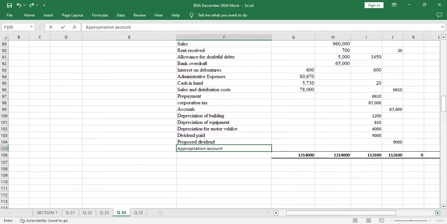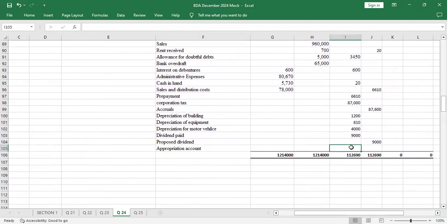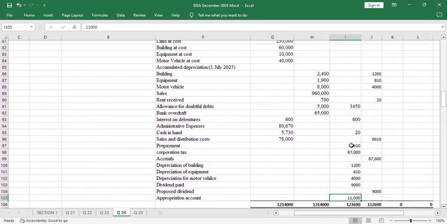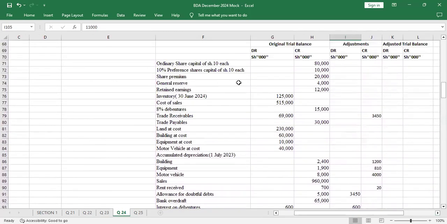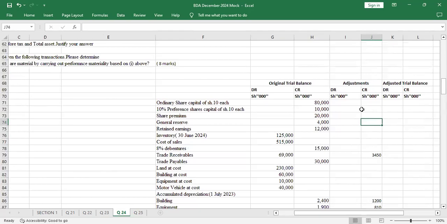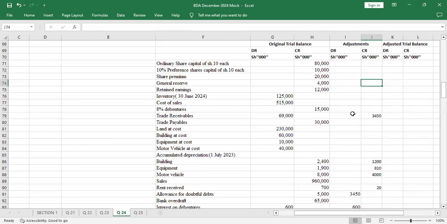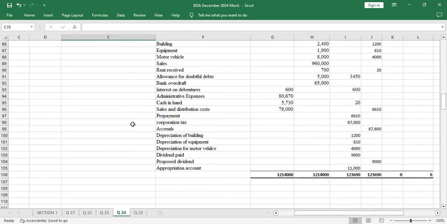So the appropriation account will be debited with 11,000. We are told that it was 11,000 that was transferred. Then the double entry for this: it was transferred where? To the general reserve. So I'll credit the general reserve account with the same amount, which is 11,000.